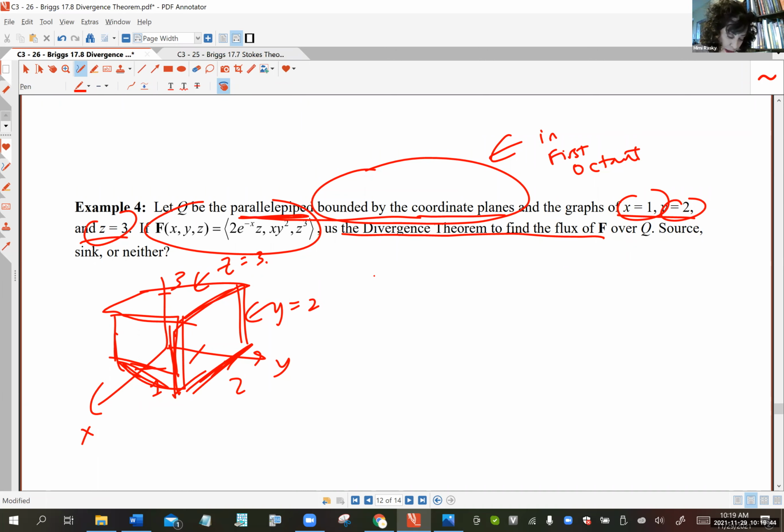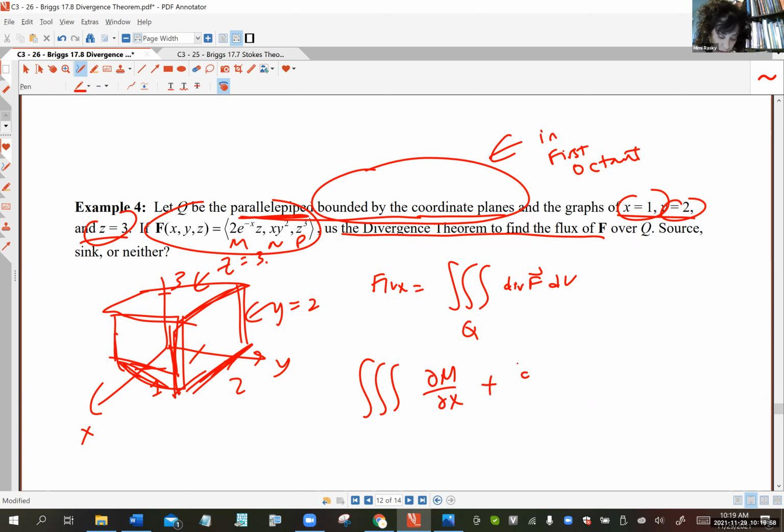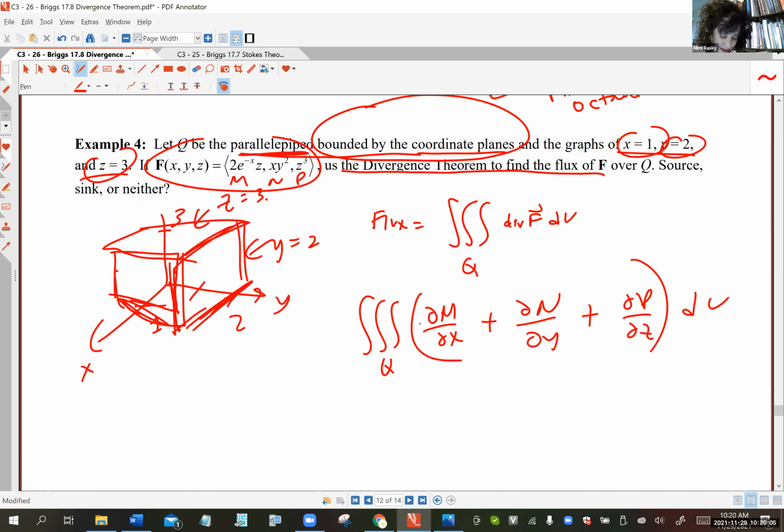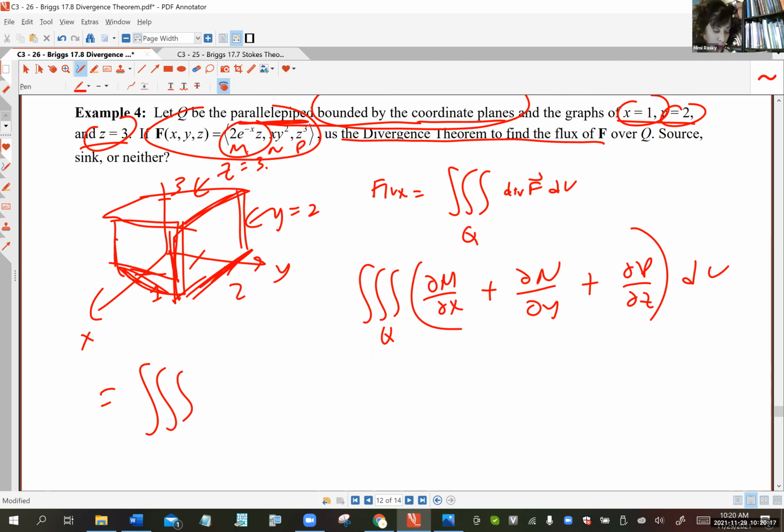So we're going to go flux is equal to the triple integral over this solid of the divergence of F. Okay, so we have M, N, and P. So let's go ahead and get dM/dx plus dN/dy plus dP/dz, because that's what divergence is, right? Taking the partial of 2e to the negative xz with respect to x, you're going to need to use the exponential rule when you differentiate.